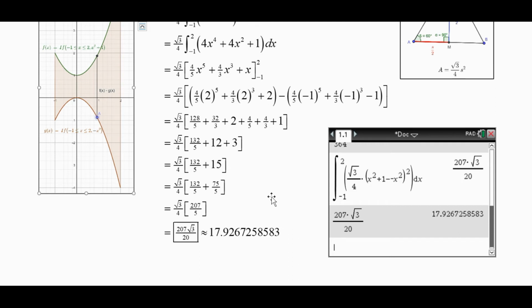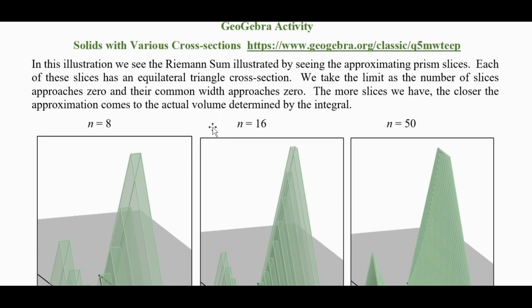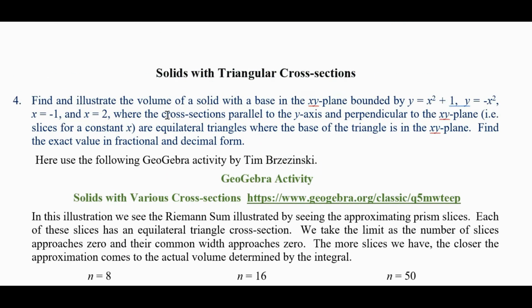So that's an approximation and an exact value. I think I said find the exact value and a decimal approximation is what I should say. We can't get an exact decimal.